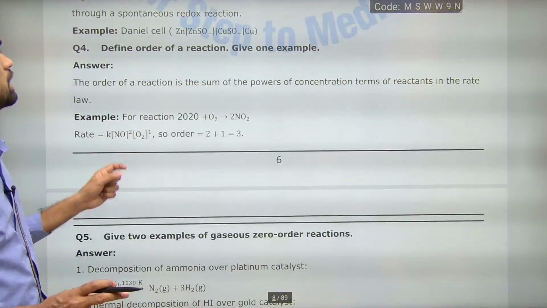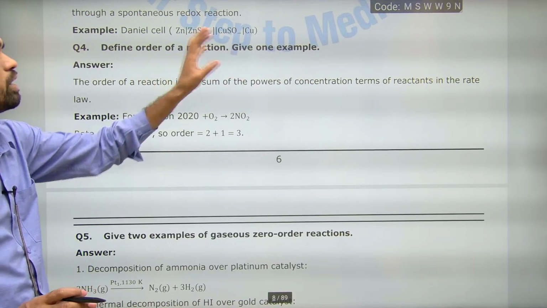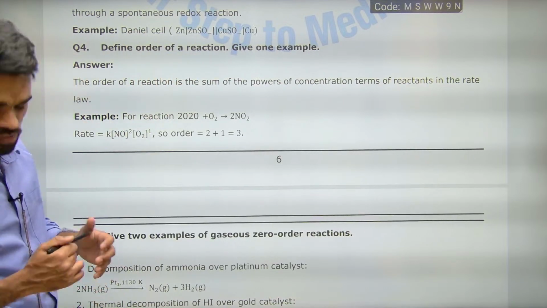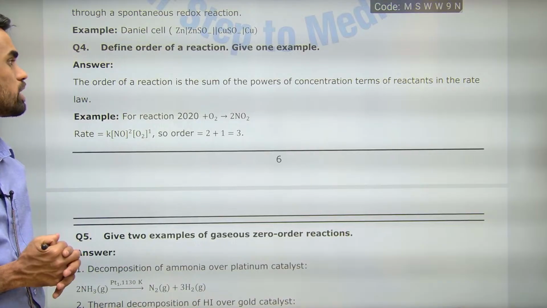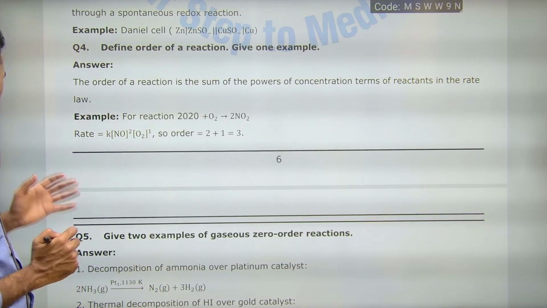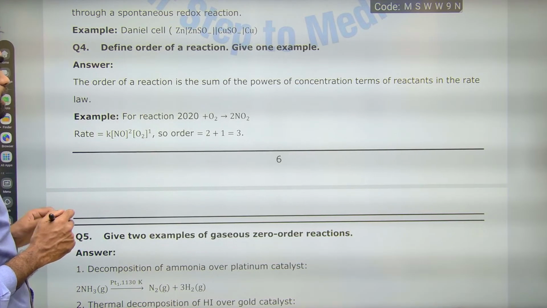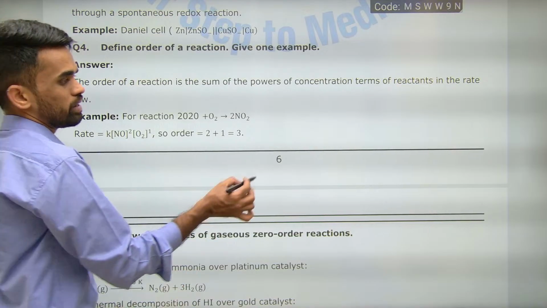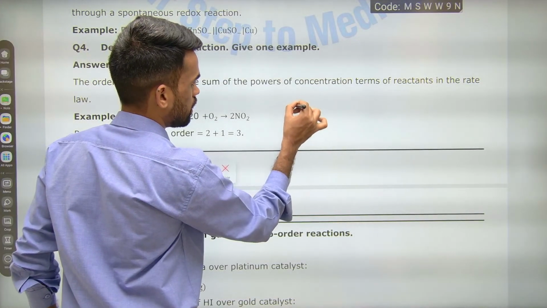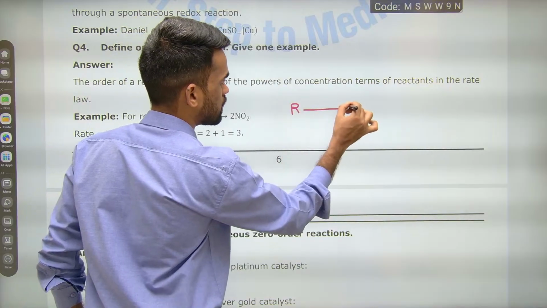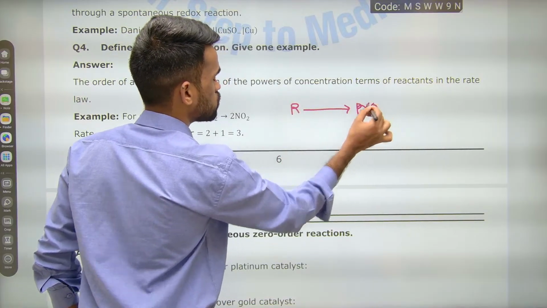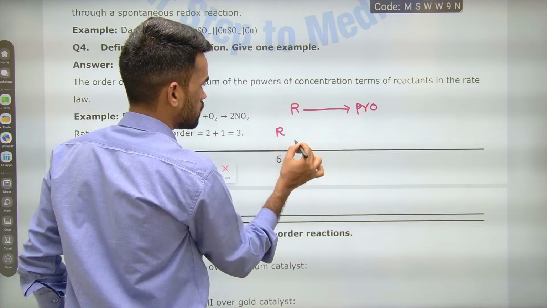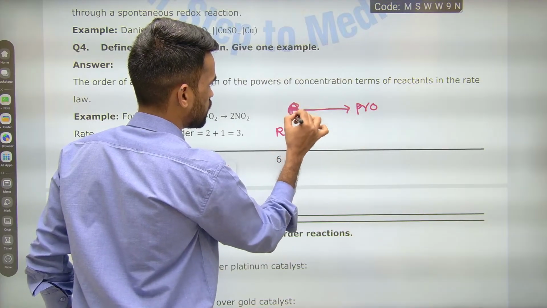Next, define order of a reaction, give one example. What do we mean by order of a reaction? It's easy. Order is an experimentally determined quantity. For example, there is a reaction where a reactant A is converting into some product.